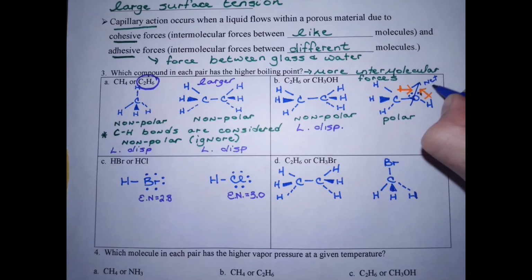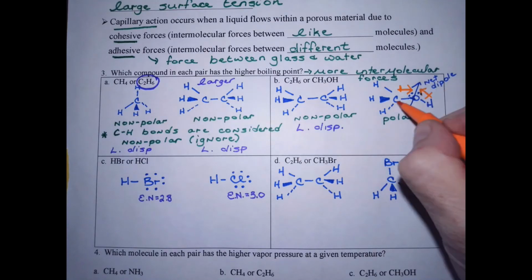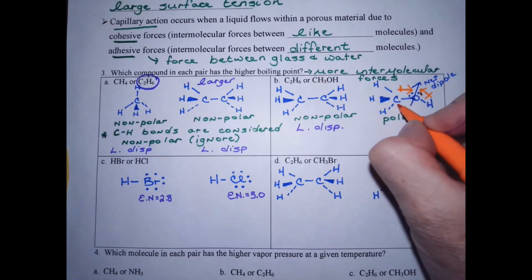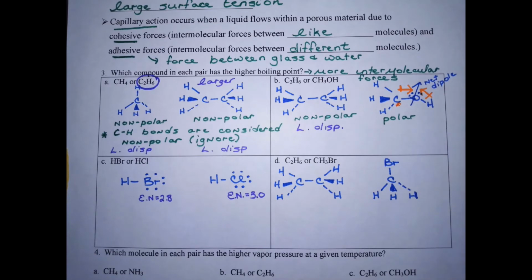If there was a tug of war, where would the oxygen move? I know it bothers people when I tell them to just ignore carbon-hydrogen. It would just be such a tiny arrow if you wanted to draw it in. Remember, vectors also reflect the size of the pole, so that's why we just ignore them. Don't even bother drawing in those tiny arrows. However, at the end of the day, this is a polar molecule.